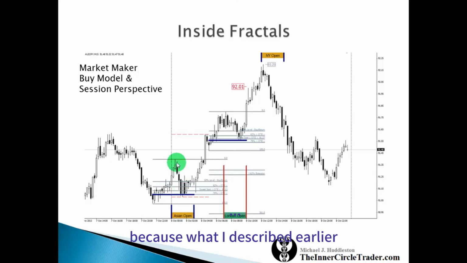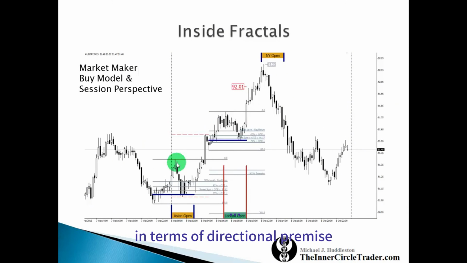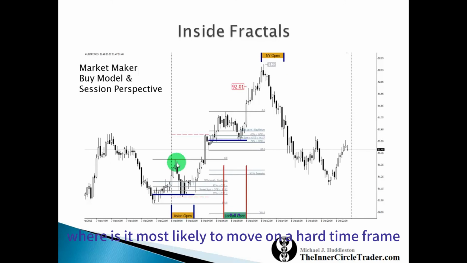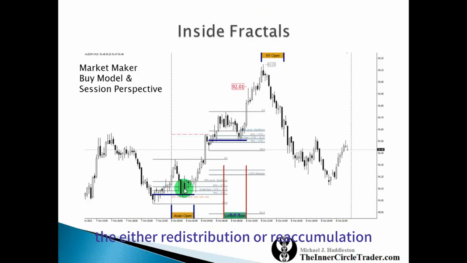Because what I described earlier, when we get to that second stage towards the completion of the overall fractal, we don't know unless we have a higher level time frame perspective in terms of directional premise. Where is it most likely to move on a higher time frame? That's when we can see the latter stage of the fractal pattern forming the either redistribution or reaccumulation.